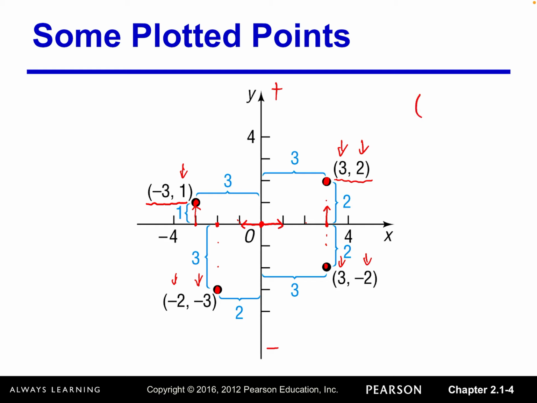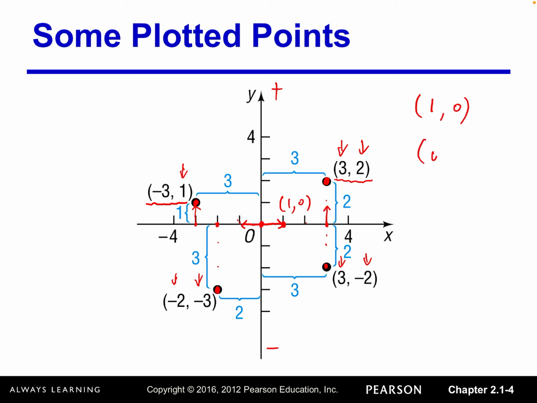If you have a point with one coordinate 0, for example (1, 0), go back to the origin, move to the right 1, and then the y coordinate is 0, so you stay right here. This is the point (1, 0).